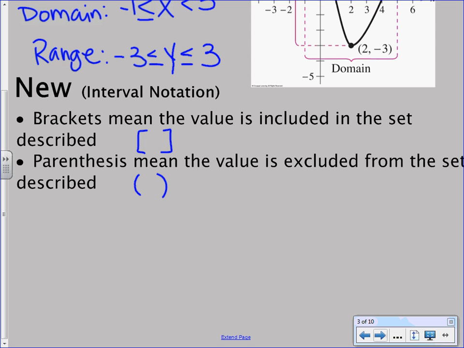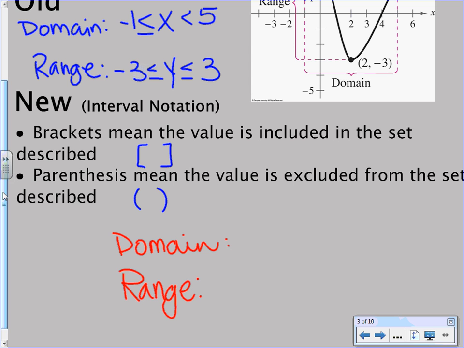Okay, so we are going to describe the domain and range with our new notation. Okay, so our domain was x is greater than or equal to -1 but less than 5.